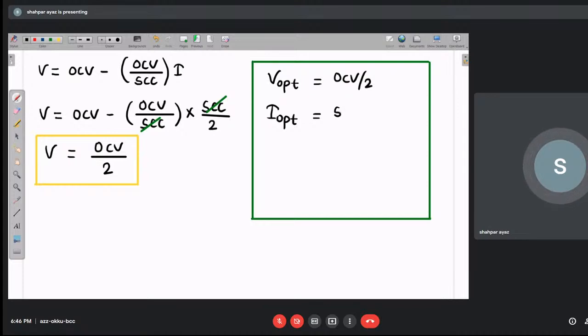I optimum is SCC by 2, short circuit current by 2. And maximum power is the product of these two, OCV into SCC by 4.